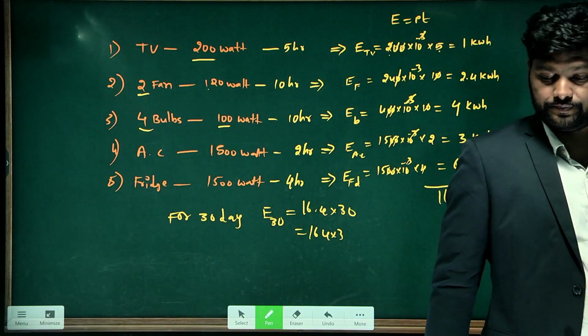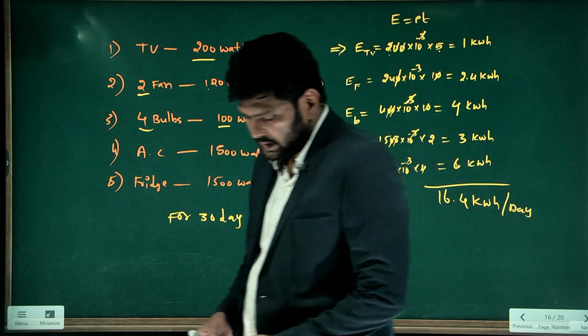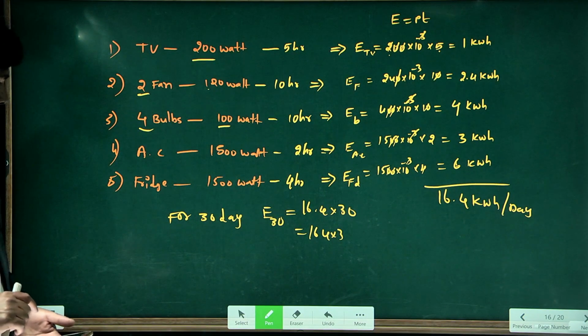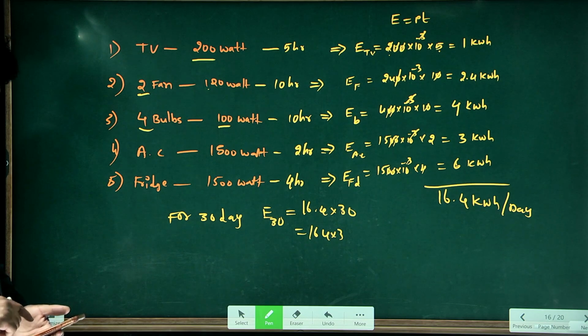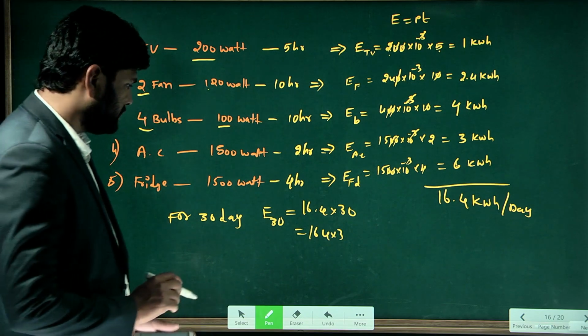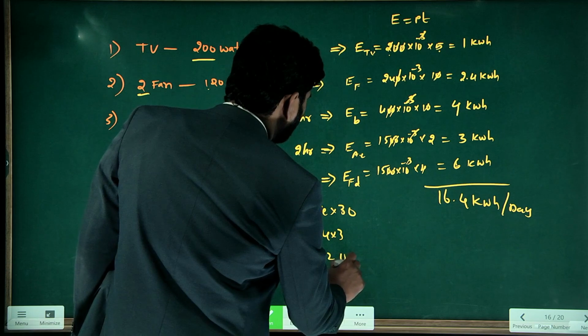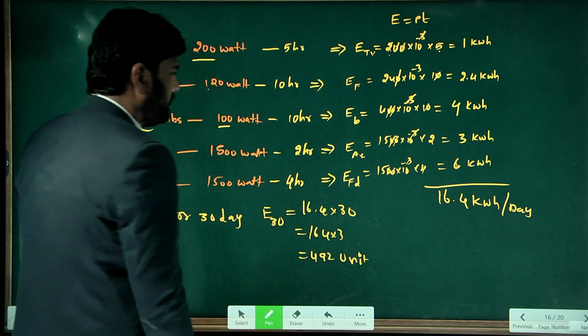Calculate it for 30 days. So that is 16.4 into 30, which is 492. Here the energy consumption is 492 units, because the kilowatt hour is a unit.